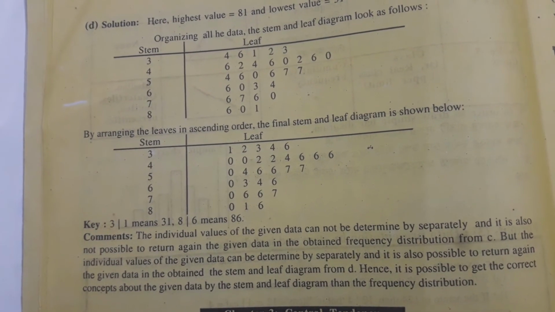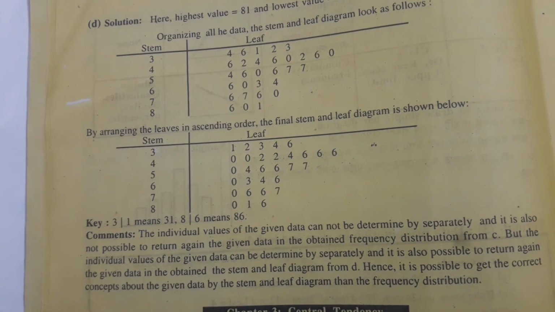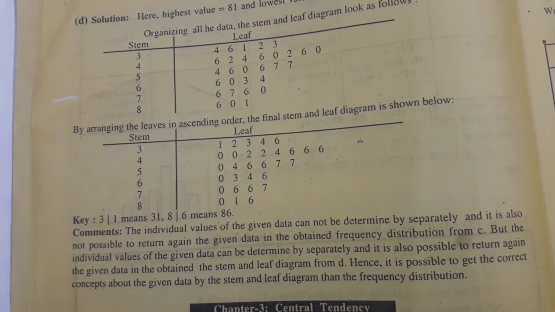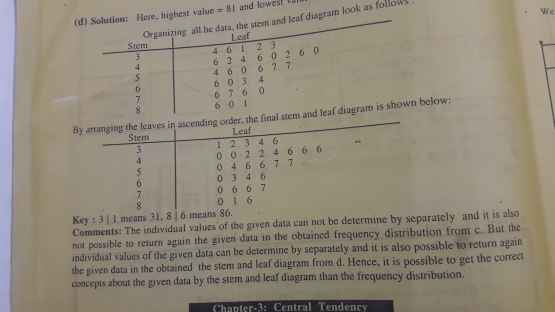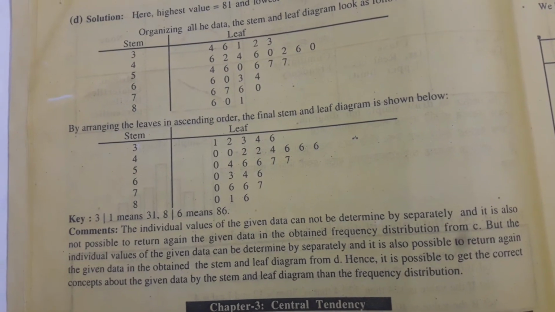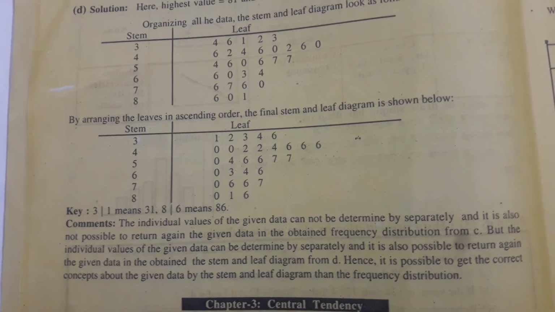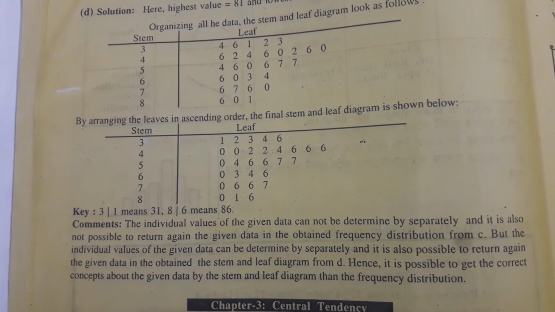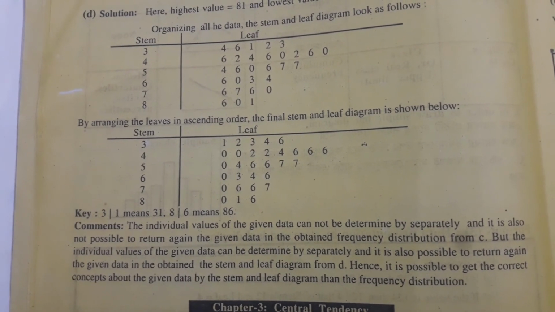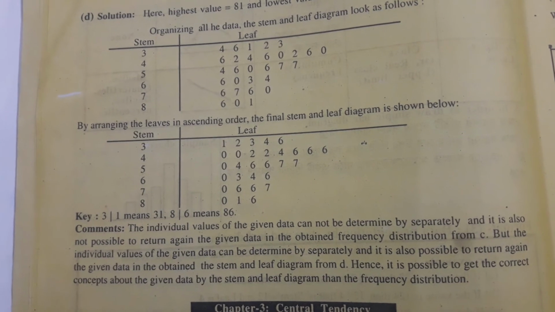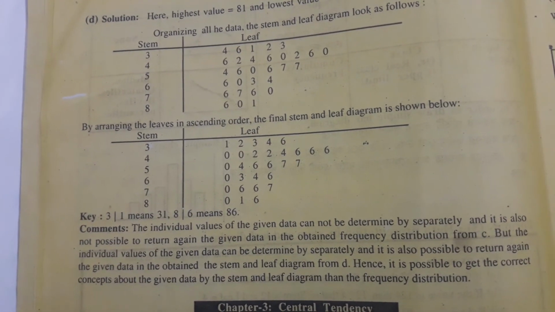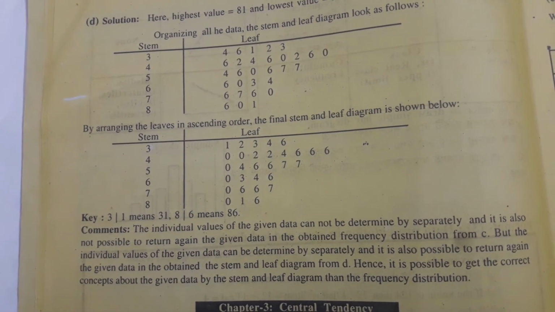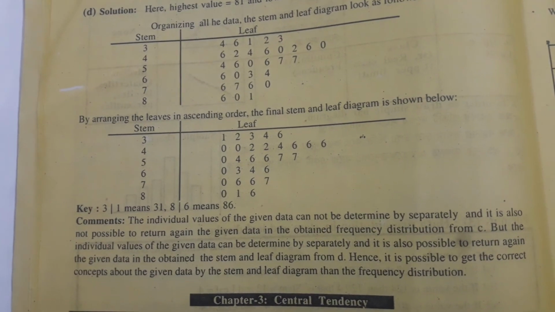Among the 40s, 4 is the stem and 6, 2, 4, 6, 0, 2, 6, 0 are the leaves. For the 50s, 5 is the stem and 4, 6, 0, 6, 7, 7 are the leaves.